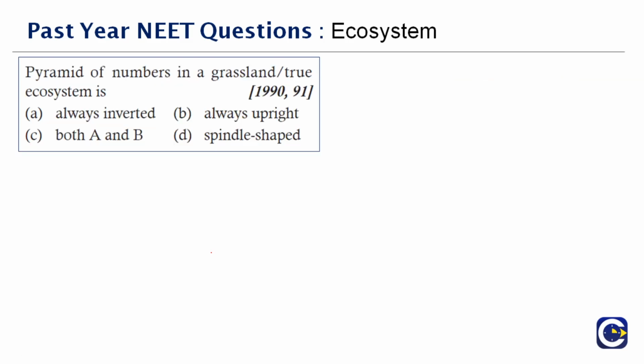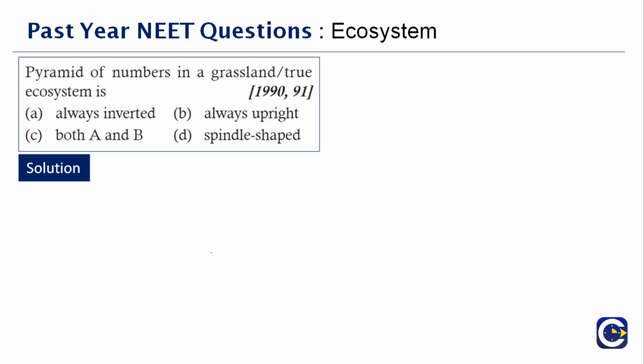Okay, next question here. Pyramid of numbers in a grassland of a true ecosystem is dash. This we already discussed. This is a repeated question here. So when it comes to a pyramid of number in a pond ecosystem, I said it is always upright, right? So it's the same thing that follows here. The pyramid of number in a pond ecosystem is always upright, showing the number of individual organisms at each level.